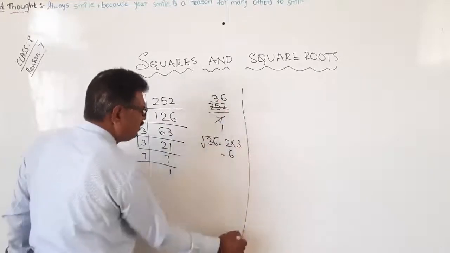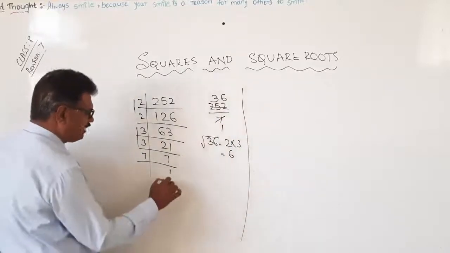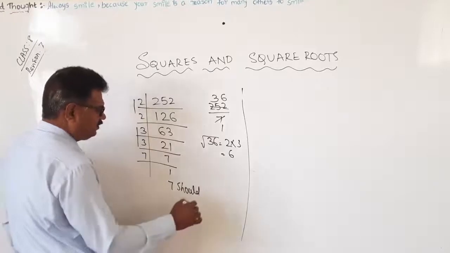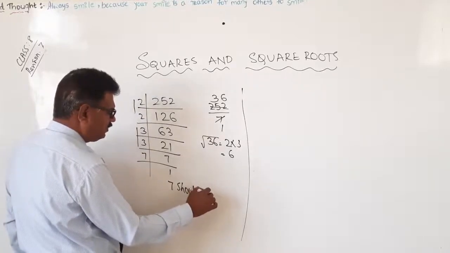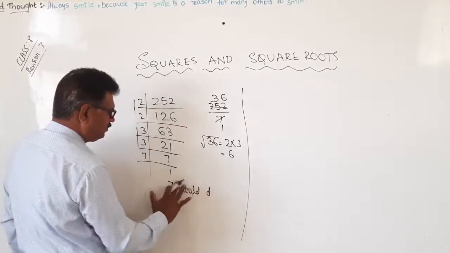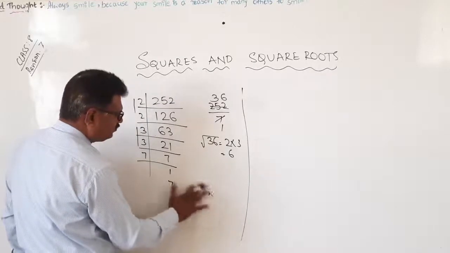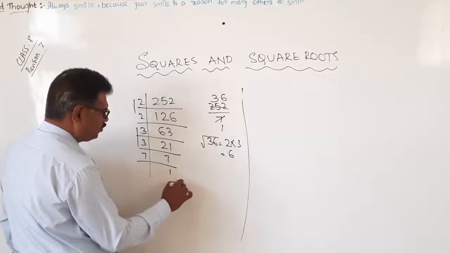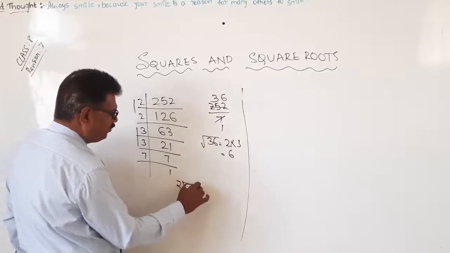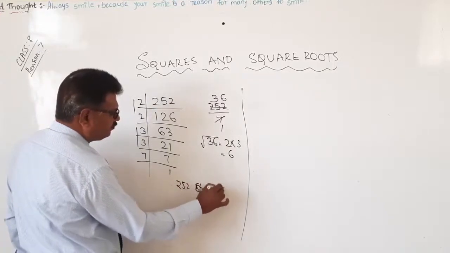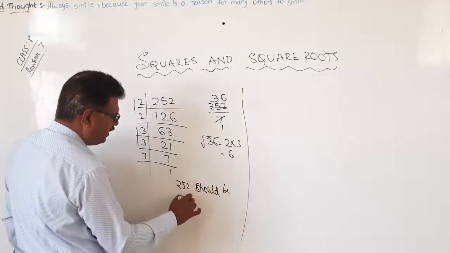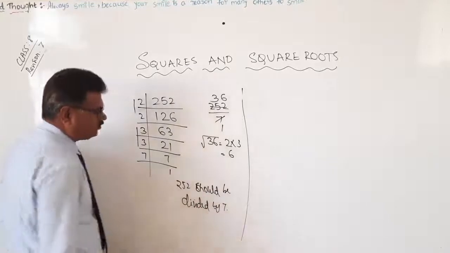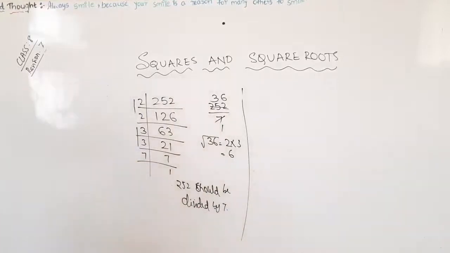Okay? Therefore 252 should be divided by 7.